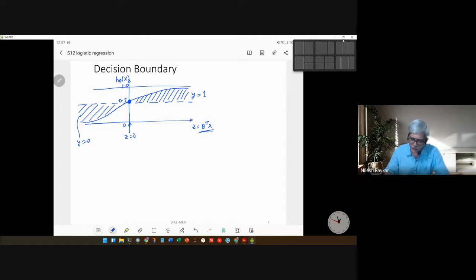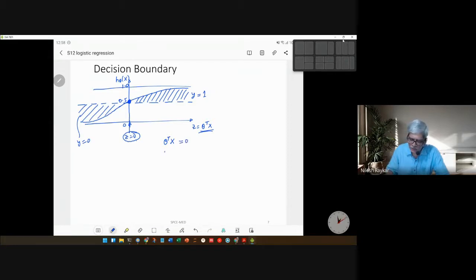So this particular point where the hypothesis function value is 0.5 corresponds to z equal to 0, which means that theta transpose x at that point would be equal to 0. I will just expand this.